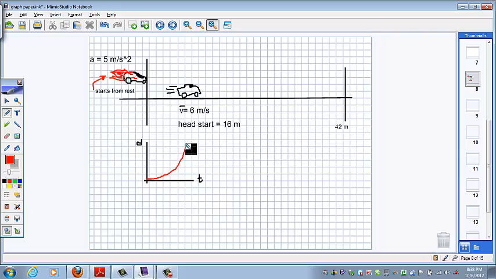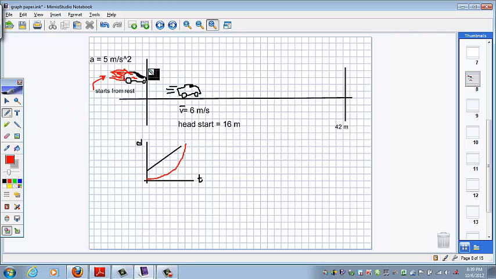The other guy will be going at one steady speed, so he'll only have one slope. But he will have a head start, so instead of starting at 0, he'll start up somewhere higher, and he should go at some steady slope. And where they meet, I don't know, but those are the two motions we're trying to model here.